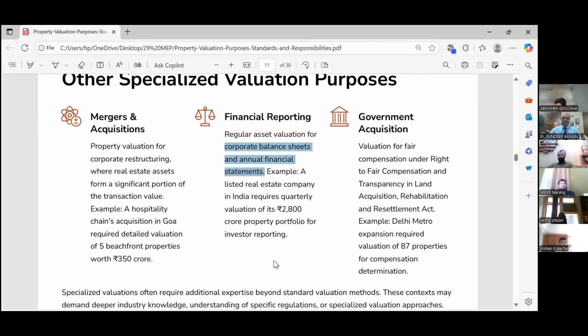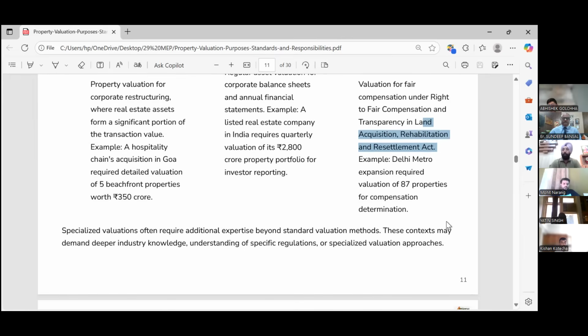So we will study in detail what is this Land Acquisition, Rehabilitation and Resettlement Act, LARR. So here your duty, your purpose is to find out the fair compensation. For example, in Delhi Metro expansion, it requires valuation of 87 properties for compensation determination.